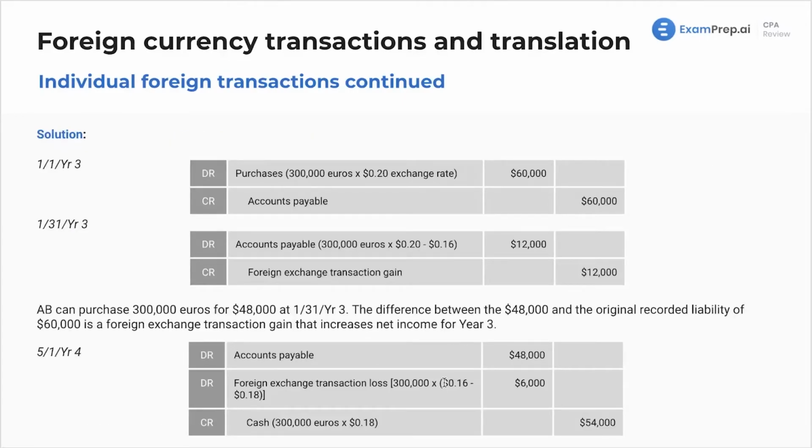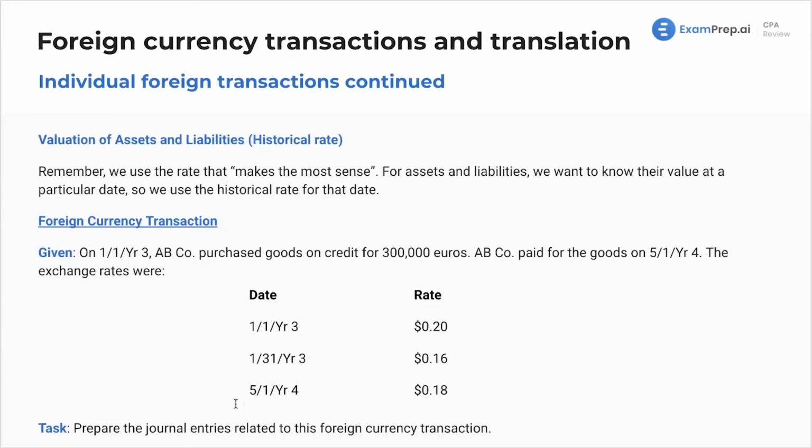So now we have a little bit of a loss to recognize. We still have a net gain overall. We still have a 6,000 net gain comparing our gain here to the 6,000 loss. But this is what happens, right? We have to now pay those euros, the 300,000 euro at 18 cents because what makes sense? Well, we're transacting at this date.